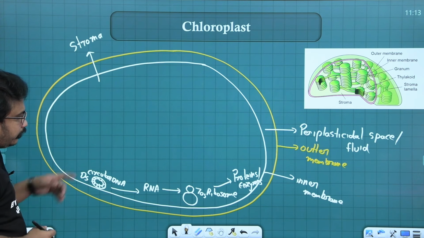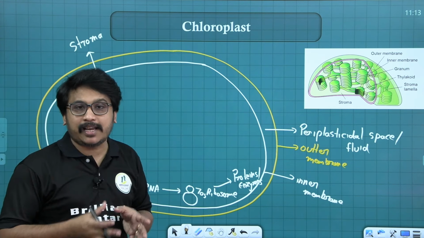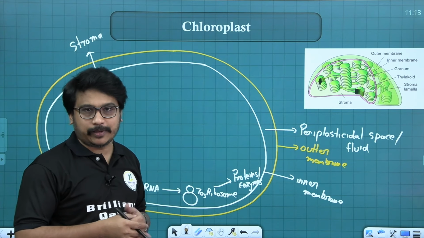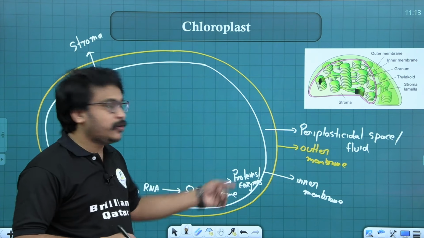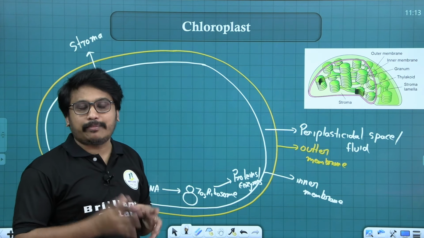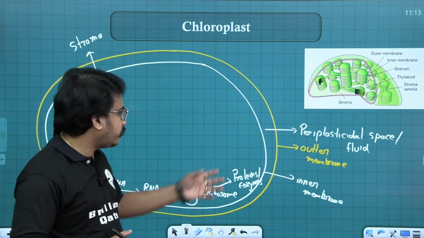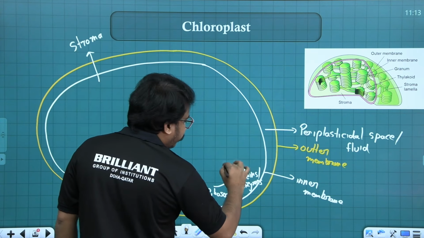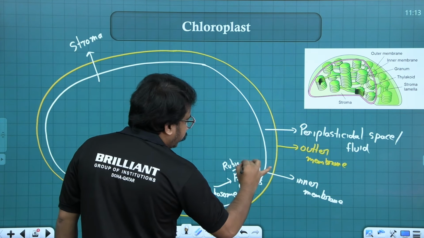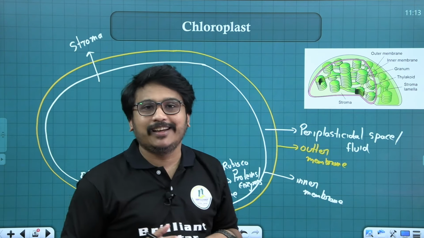They also have the most abundant enzyme protein in the biosphere. This is a connection with the biomolecules chapter, that is rubisco. The most abundant enzyme protein in the biosphere is rubisco, found in the stroma of chloroplast. One of the enzymes I am writing here is rubisco. Hope you got these questions which I was telling.